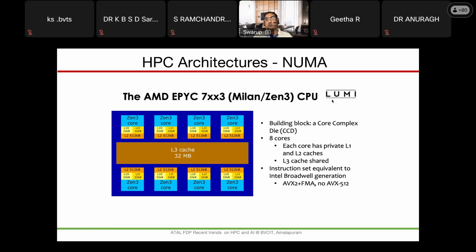I have taken this slide from LUMI. LUMI stands for Large Unified Modern Infrastructure. It is a European outcome: European countries came together to form the exascale supercomputer. So that is how LUMI came about.